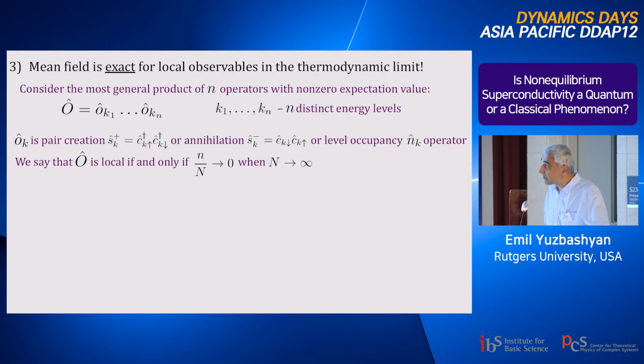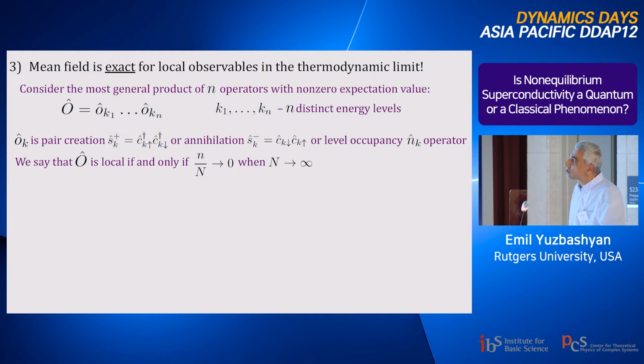Okay, so now we can compare the classical and quantum solutions. The third main result here is that mean field is exact for local observables in the thermodynamic limit. Basically, a local observable is an observable that involves little n operators such that this little n divided by the total number of levels goes to 0 when the number of levels goes to infinity.